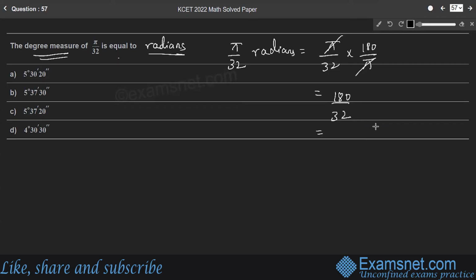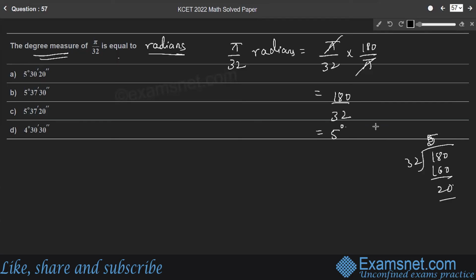Here, in direct division of 180 by 32, 32 into 5 is 160, so 20 is the remainder. So here it is 5 degrees.